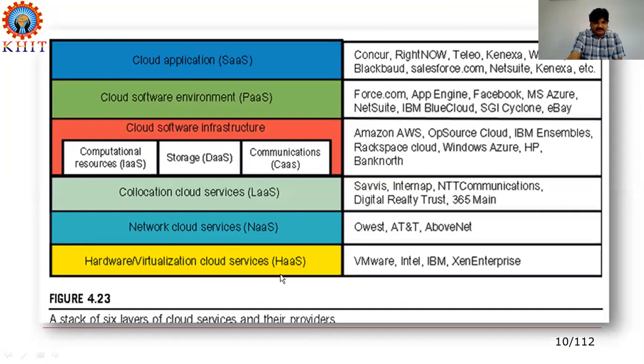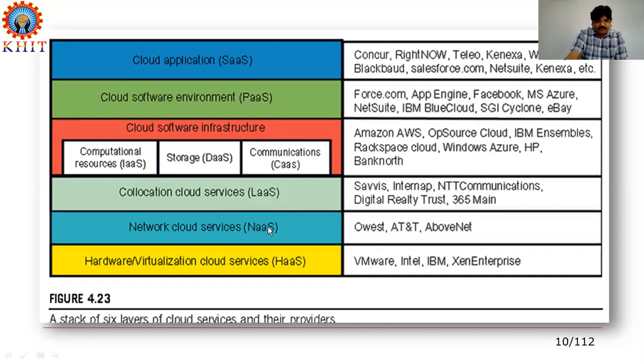Hardware as a service will be provided by one of the cloud service providers, namely VMware, virtual machine, where VMware will provide hardware as a service to the end users. Intel is also a cloud service provider, and IBM is also familiar. These four are well-known cloud service providers that provide hardware as a service to the end users.